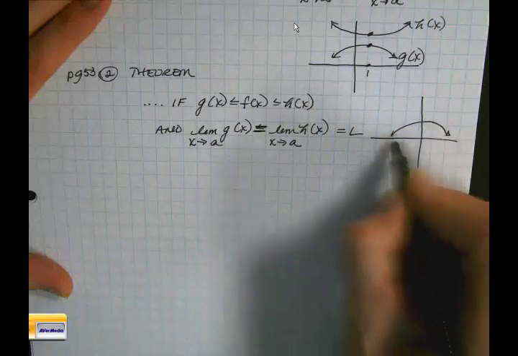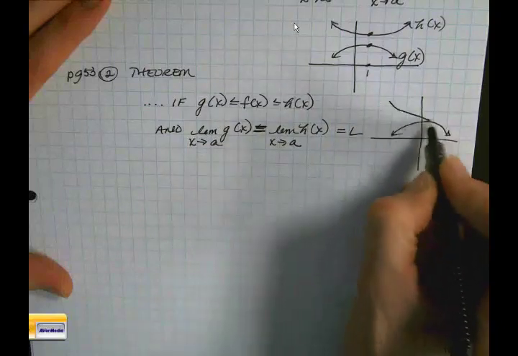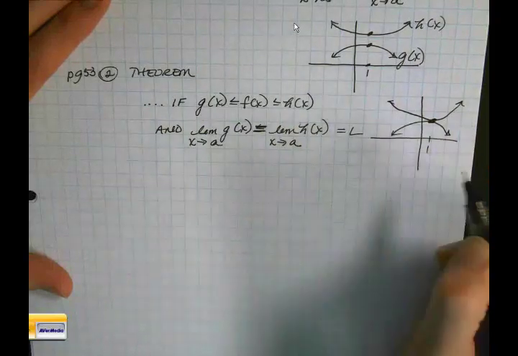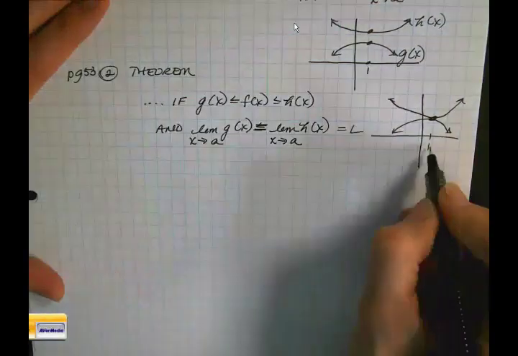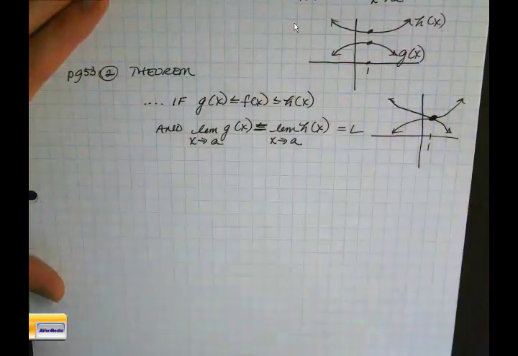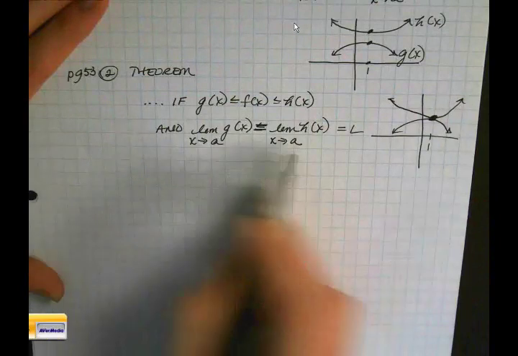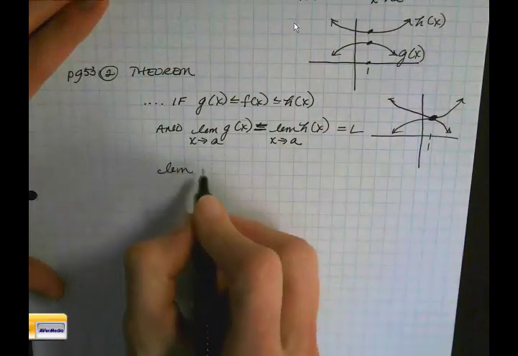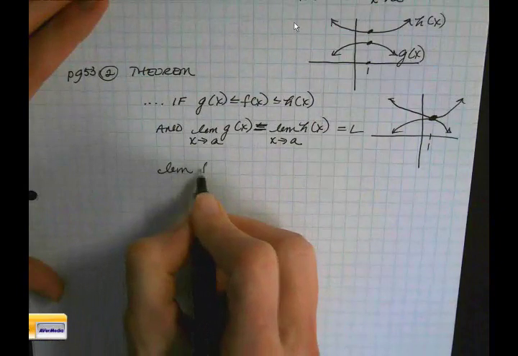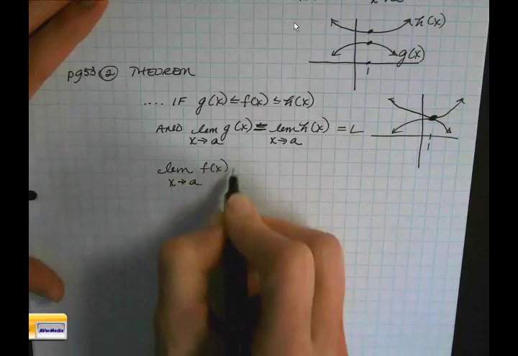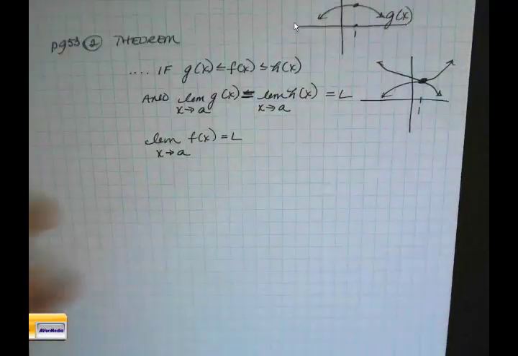Suppose g of x looks like this, and h of x looks like this, and they touch right here. So that at this point a, their limits are the same, and that height is a height of L. If their limits are equal, then we can say that the limit of f of x as x approaches a is also L.